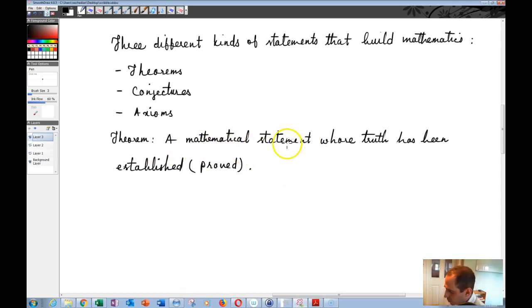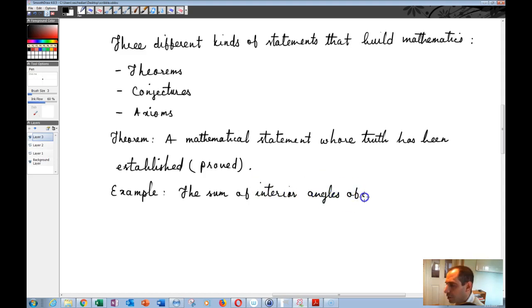So that's basically something that you have proved. For example, the sum of interior angles of a triangle is 180 degrees.